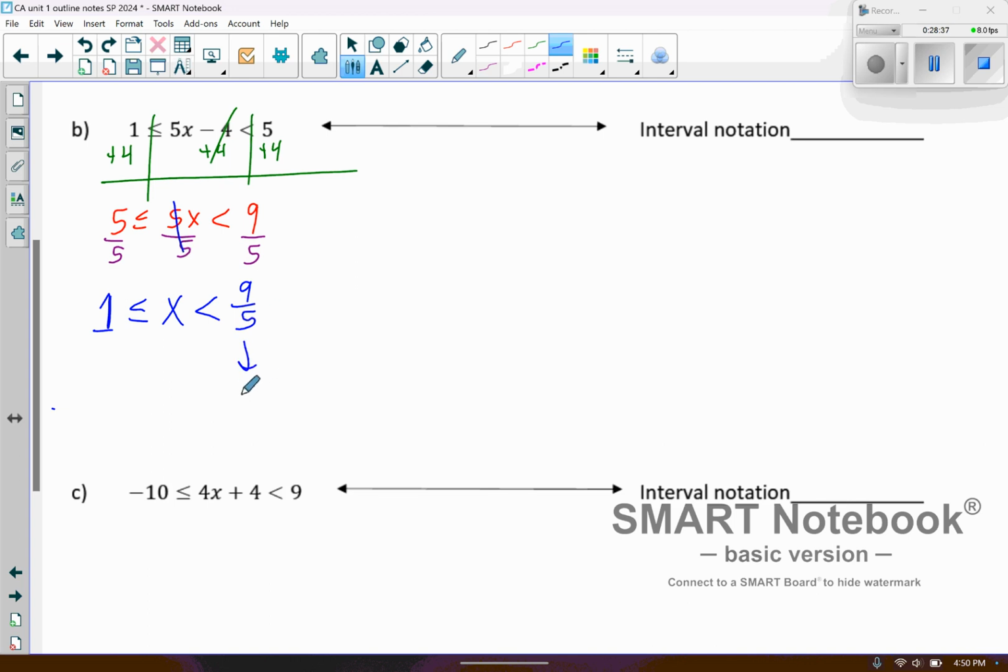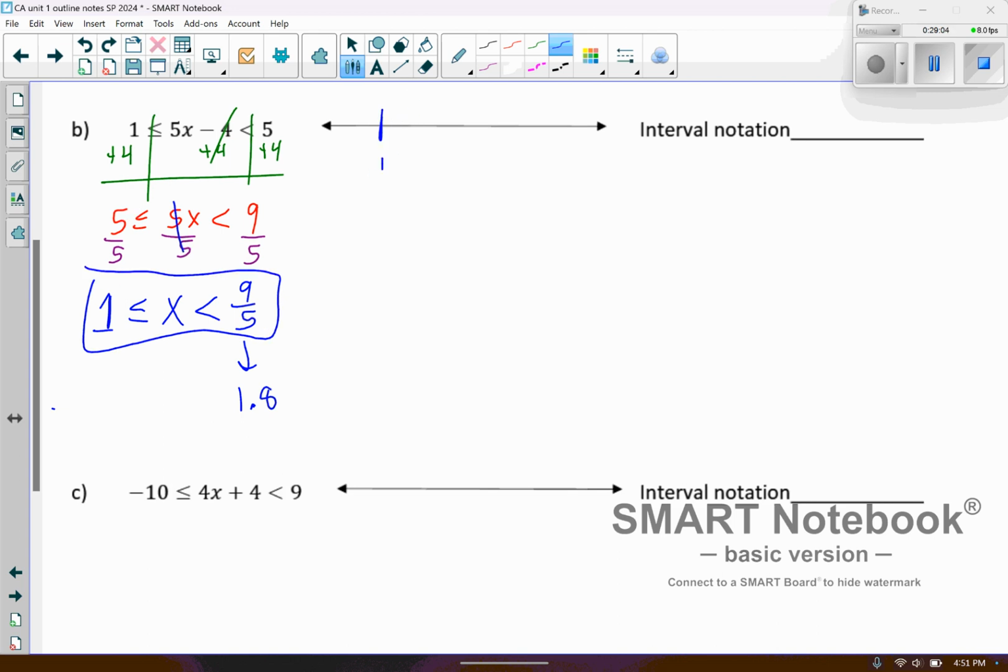And this, by the way, is about 1.8. But like I said, for the most part, we'd like to just keep things as fractions. If you put it as a decimal, I think you'll be okay. But sometimes they're irrational, which means they're decimals that continue on forever, and we don't like to deal with those. We want to have exact answers, so it's good to be in the habit of using fractions.